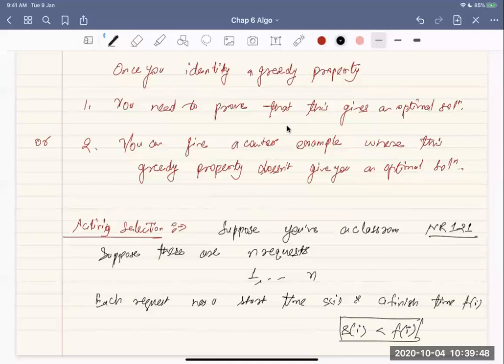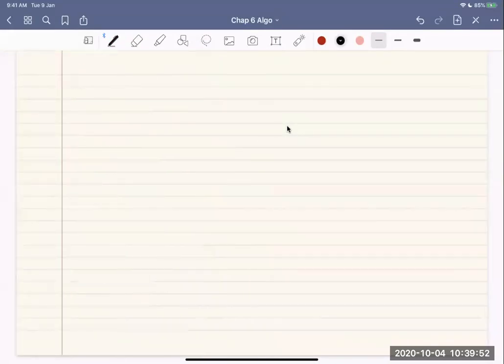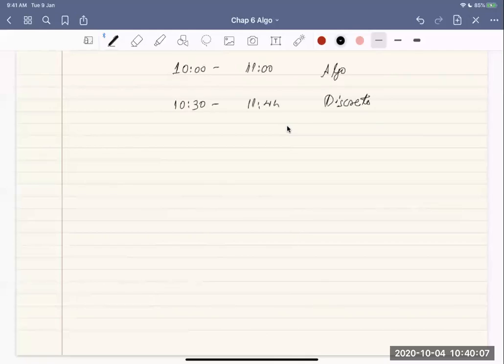The problem will happen if, suppose I say I want to run my class from 10 to 11 for algo, but the discrete teachers say they want to run class from 10:30 to 11:45.